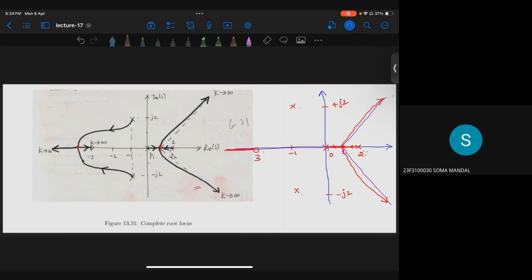Then these two poles, this is P1, P2, so P3 and then P4. Now these two poles, P3 and P4, they come like this, and they go like this and reach here. One will go towards this zero, other will go towards zero at infinity. Is this clear? Any doubt?